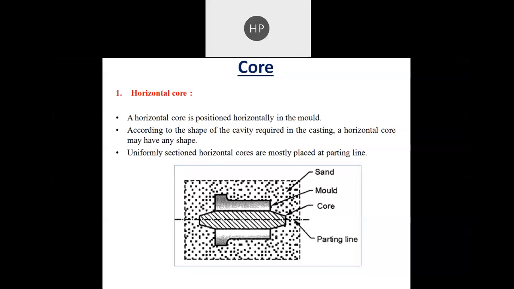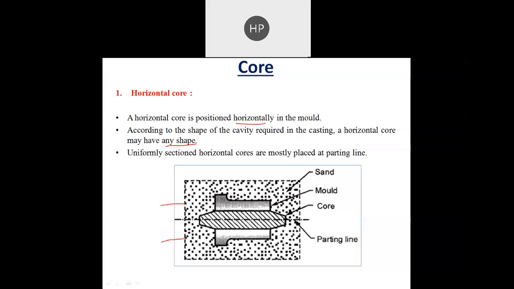Here is the parting line, with the cope and drag. After removing the pattern we have a hollow cavity, and in that cavity we fix the core. A horizontal core is positioned horizontally in the mold, and according to the shape of the cavity required in the casting, a horizontal core may be of any type.